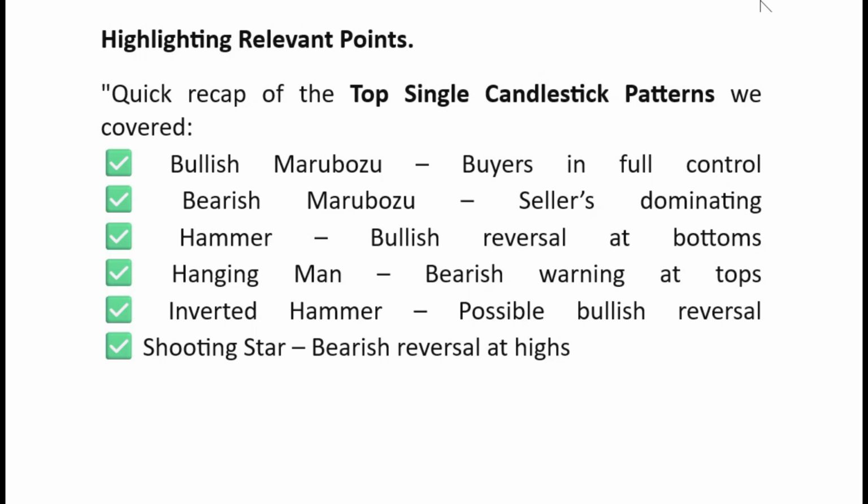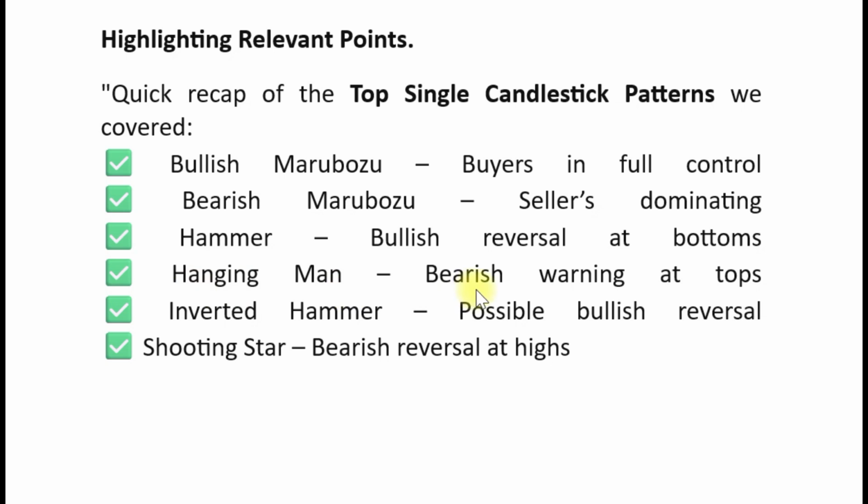Let's have a quick recap of the single candlestick patterns. The Bullish Marubozu is a big green candle, buyers are in control. Bearish Marubozu is a big red candle that indicates selling pressure, and sellers are dominating. Hammer is a bullish reversal at the bottom.